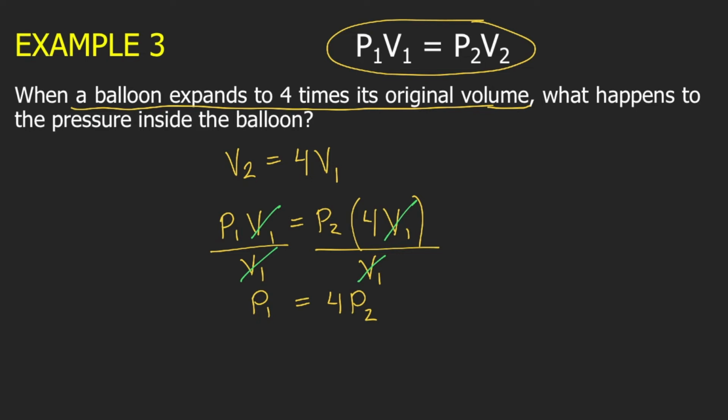If you divide both sides of the equation by 4, the 4 will cancel on the right side, and what is left on the right side is P2. And on the left side, you have P1 over 4, or 1/4 P1.